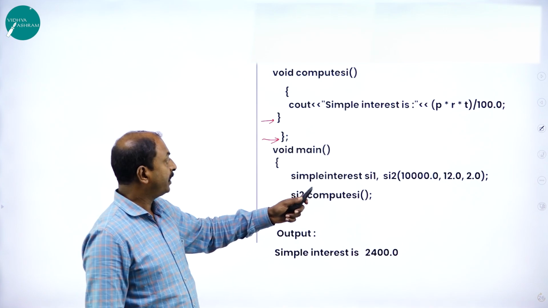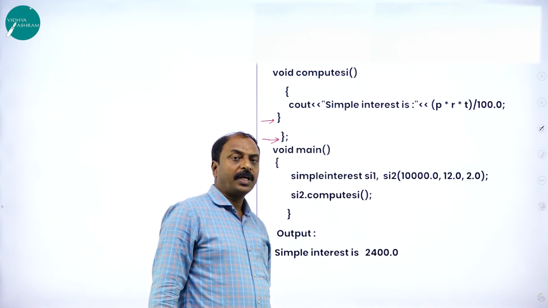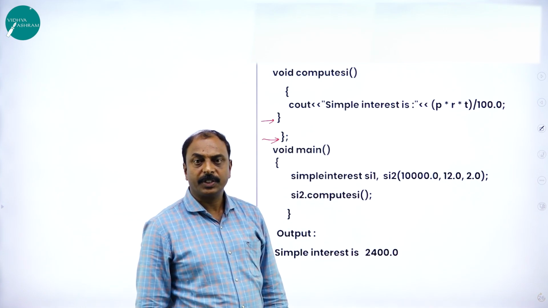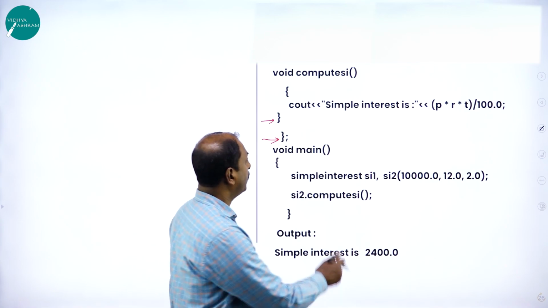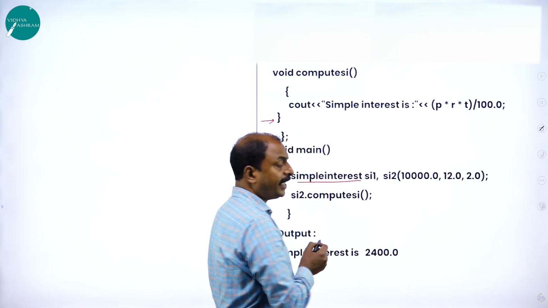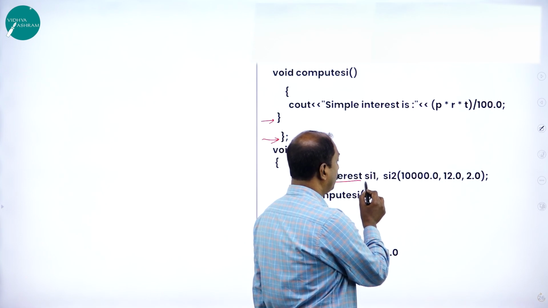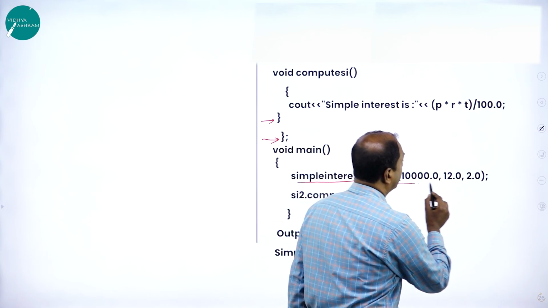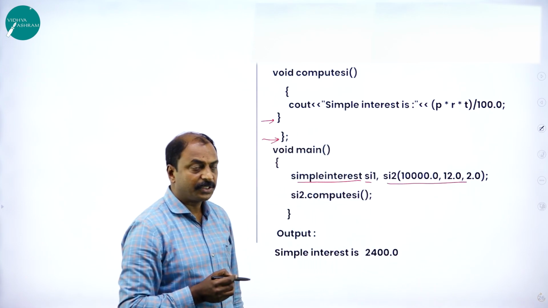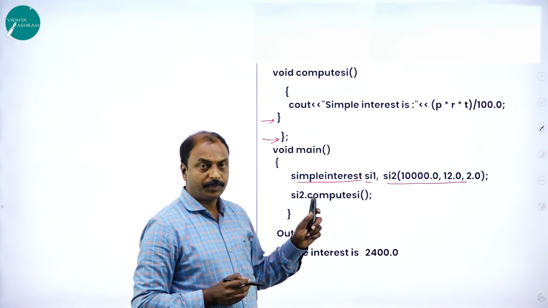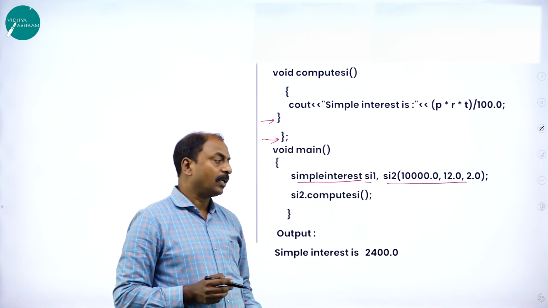In the main function, the first step is to create objects of the class. Here SimpleInterest is the name of the class, and SI1 is one object and SI2 is another object. There are two objects here.